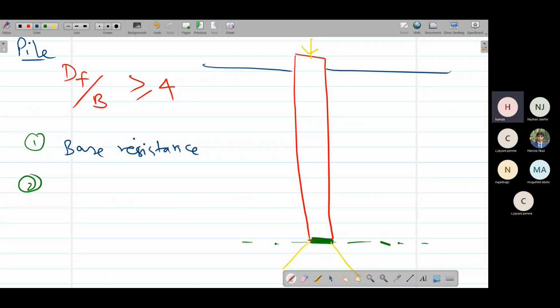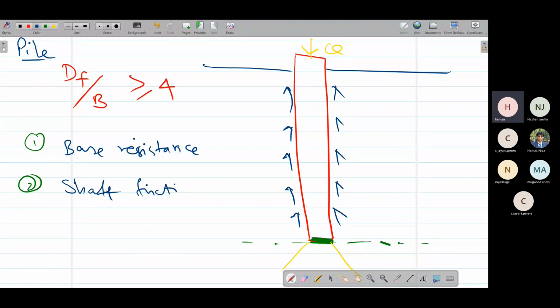And the second one is due to the skin friction at the sides of the pile. There is some friction between the soil and the pile sides. So due to this skin friction, it is going to resist the applied load Q. So the second mechanism is the skin friction or shaft friction.